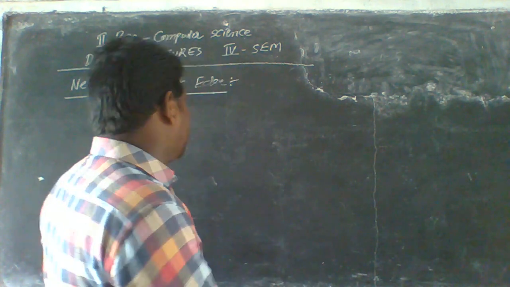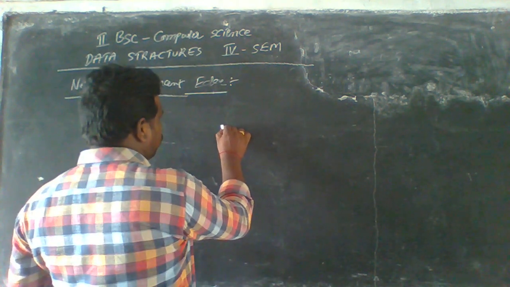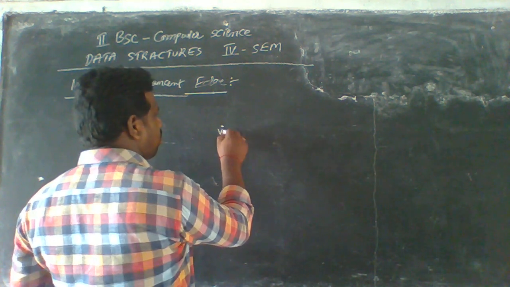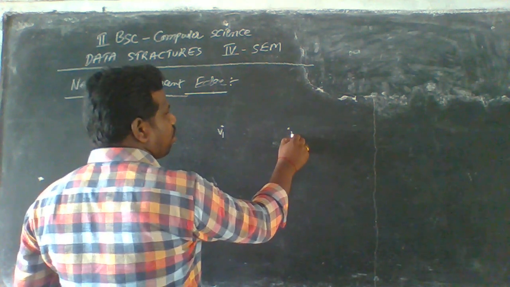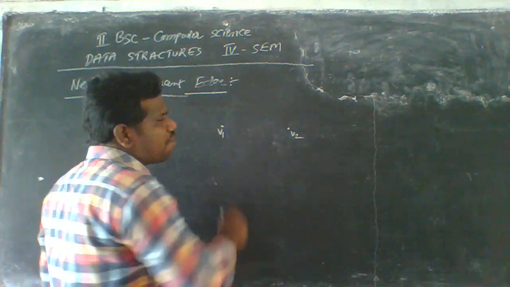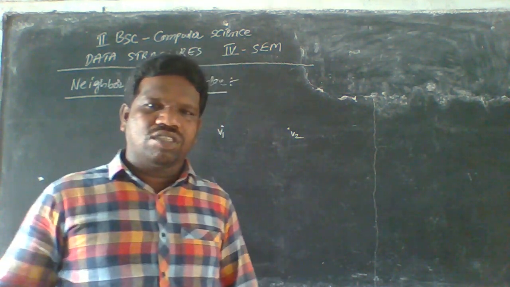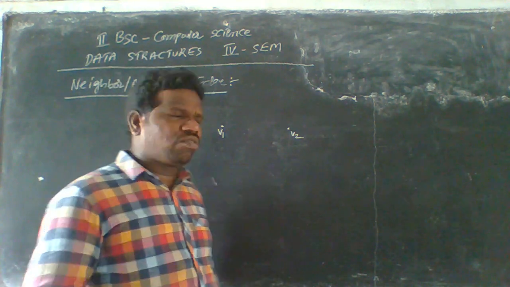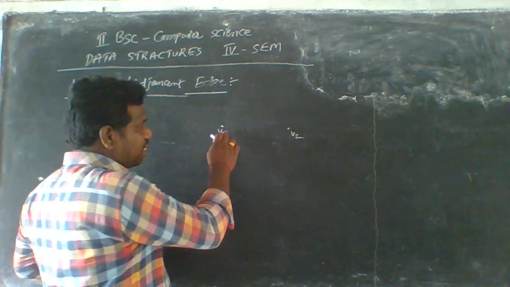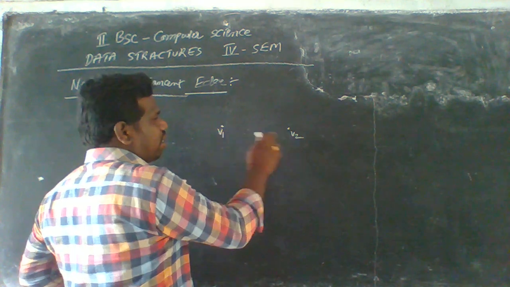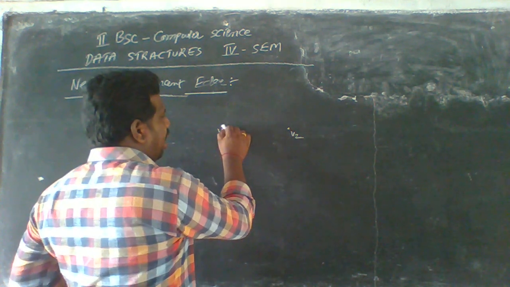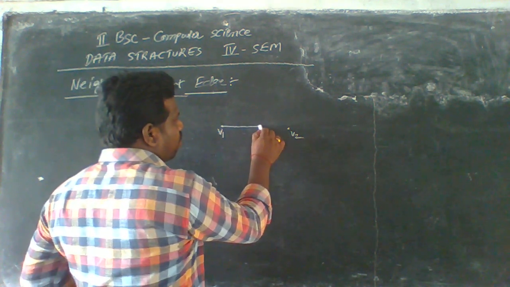For example, I'm going to create one edge here, from V1 to V2. Vertices and nodes are both the same here. So here I take two vertices named V1 and V2, and connect V1 to V2.